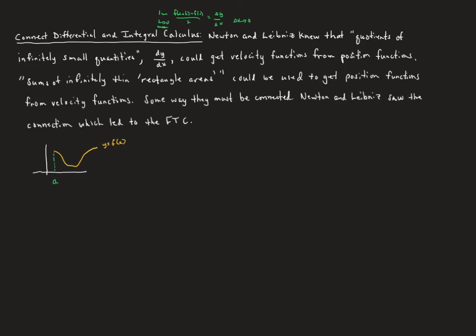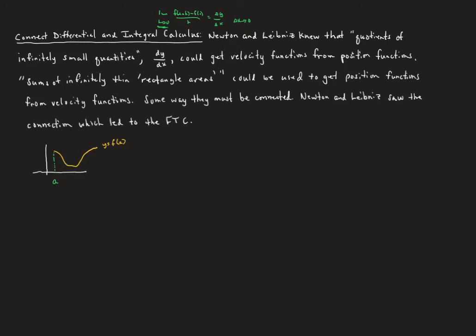They were looking at solving some real life questions. If you knew a position function, how could you get the velocity? They also knew that sums of infinitely thin rectangle areas, kind of like what we're talking about with our Riemann sum idea, where you add some rectangles and let the width of those rectangles get smaller and smaller, could be used to get position functions from velocity functions.